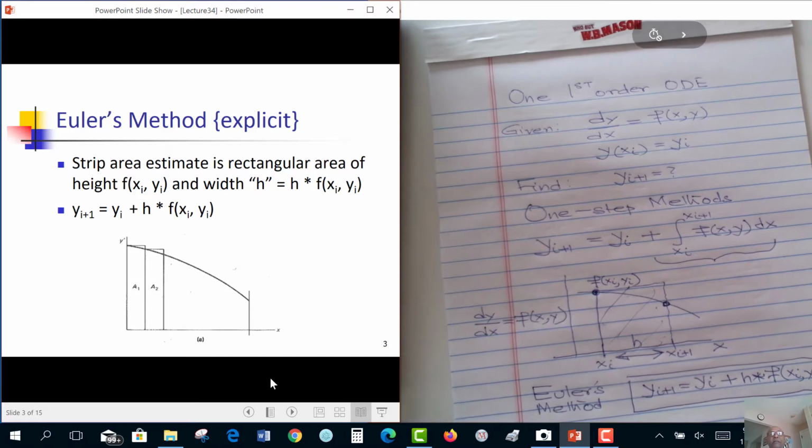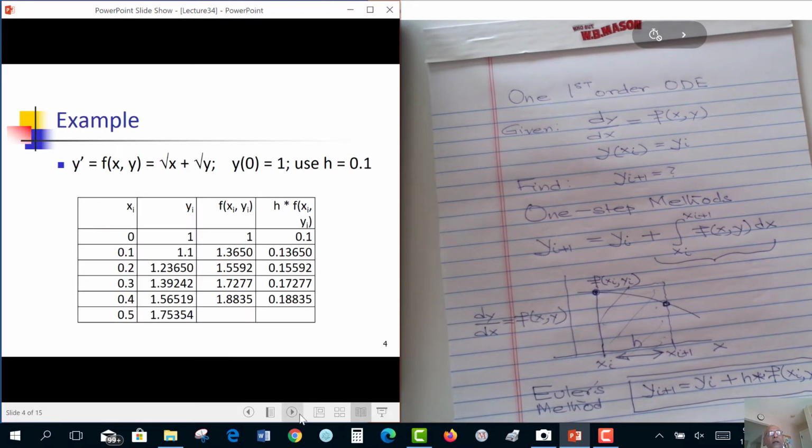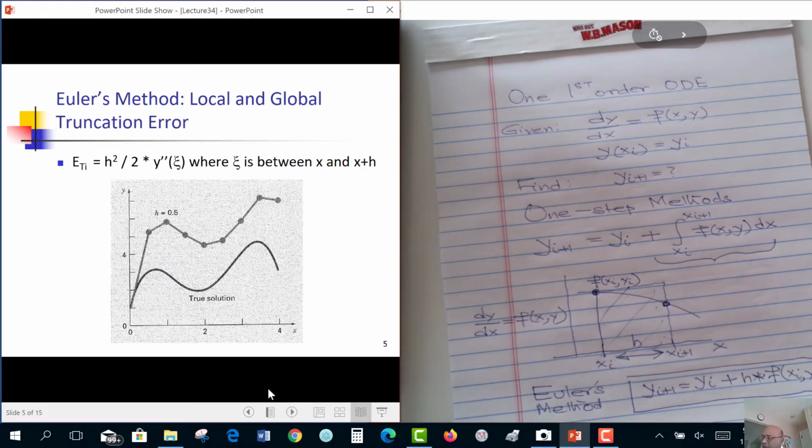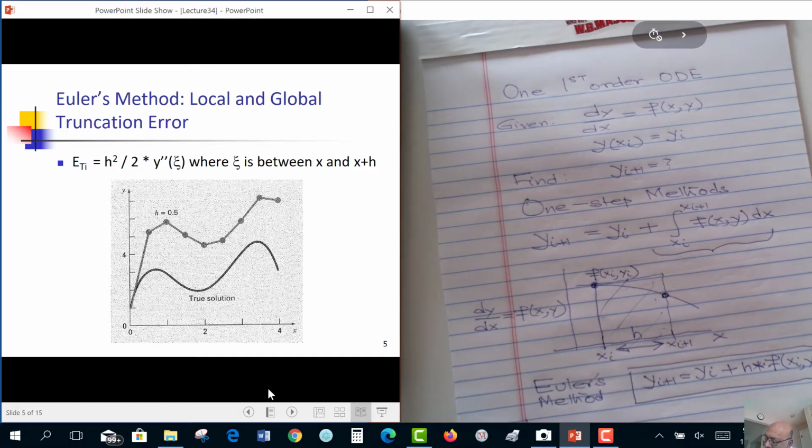And we did an example. I hope you finished that table. What we found out is that the local error was proportional to h squared. That's the error in estimating the area of one strip.